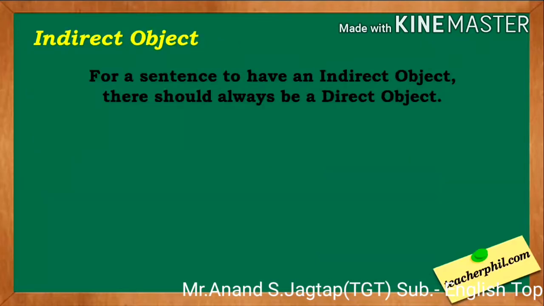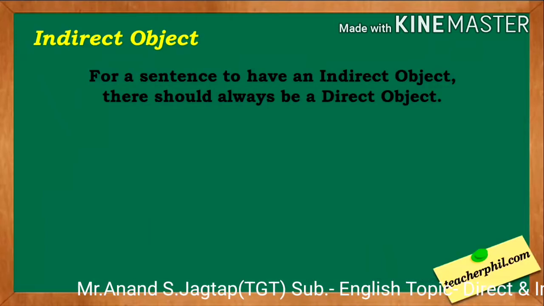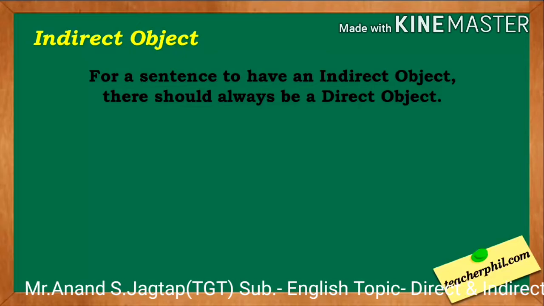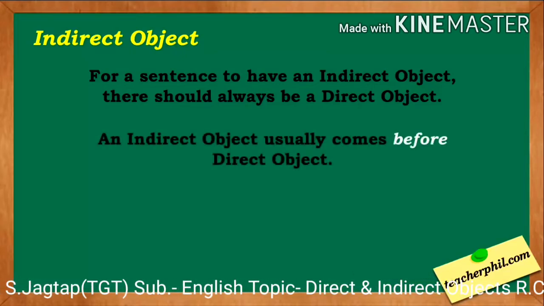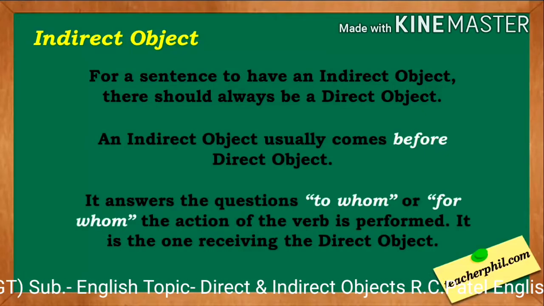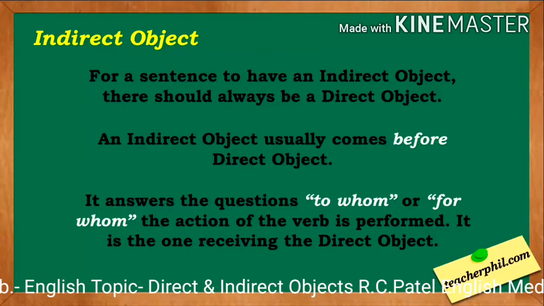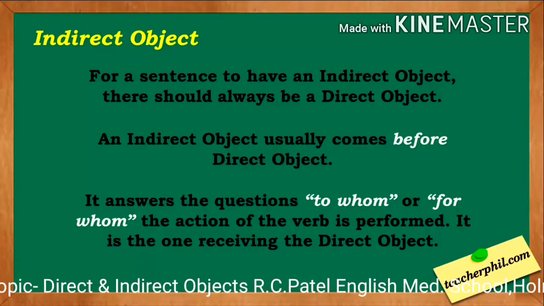Now, indirect object. For a sentence to have an indirect object, there should always be a direct object. An indirect object usually comes before the direct object. It answers the questions to whom or for whom the action of the verb is performed.